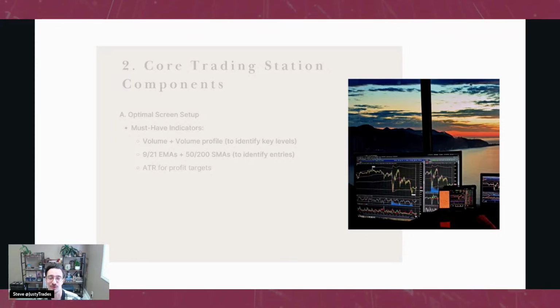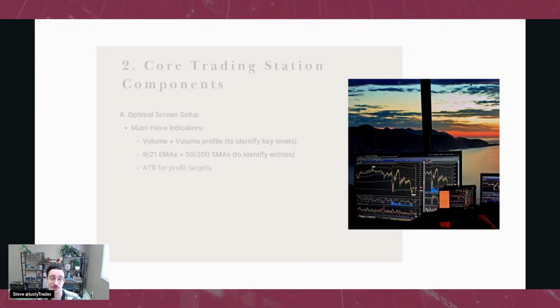There's also the volume profile. So the volume profile is on the left side of your screen, and it is the same as volume for the time axis, but it's for the price axis. So you'll see a big thick level if a lot of shares were traded at a certain price.